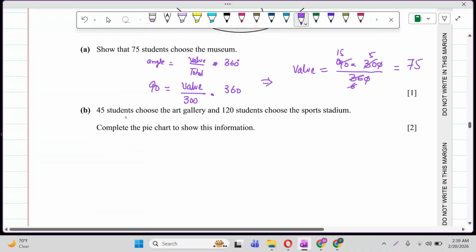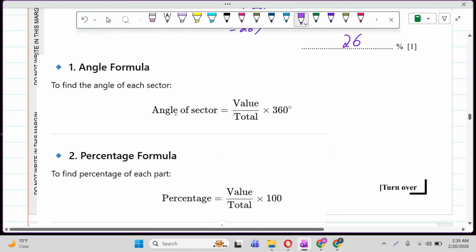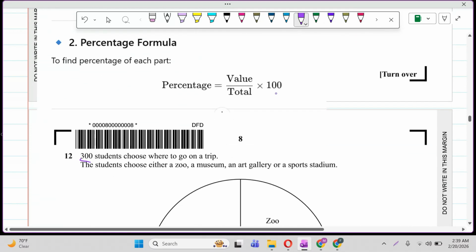Part B. 45 students choose the art gallery and 120 students choose the sport stadium. Complete the pie chart to show this information. I just told you that to calculate the angle of sector, we need to apply this formula, which is equal to value over total multiplied by 360.